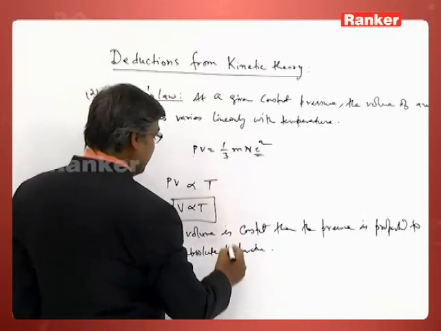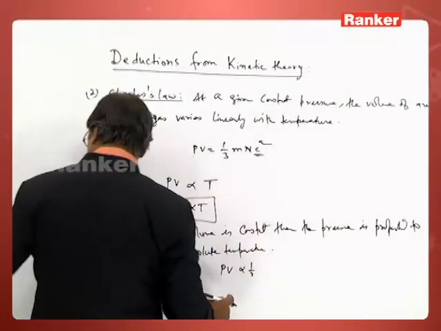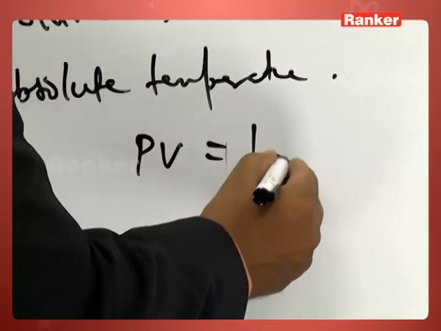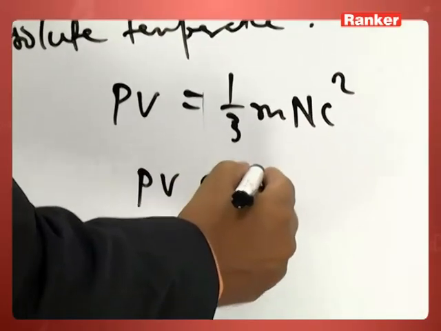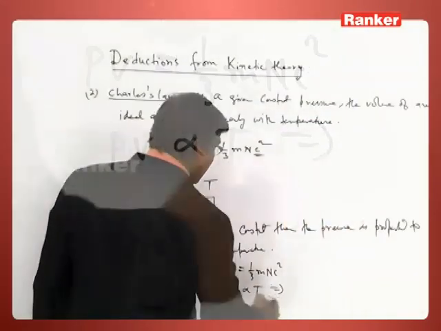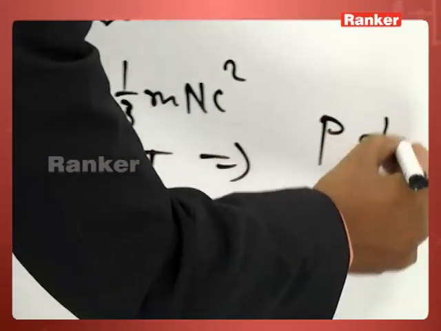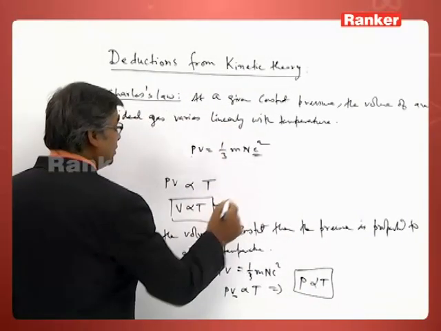So again you see here PV is equal to 1 by 3 mn c square. That means PV is proportional to temperature, which implies, since volume is constant, P is proportional to T. This is another version of Charles' law.